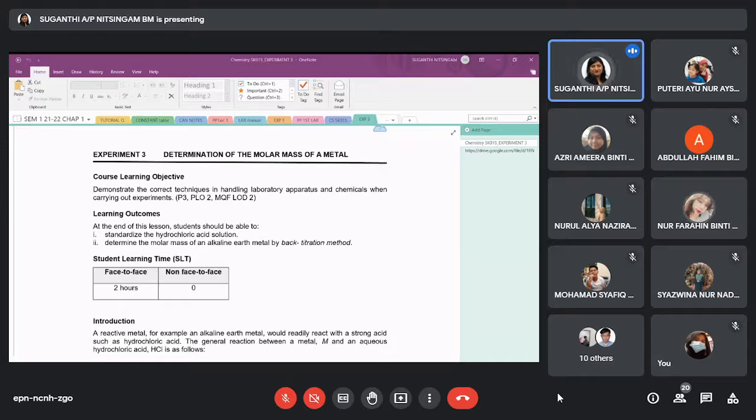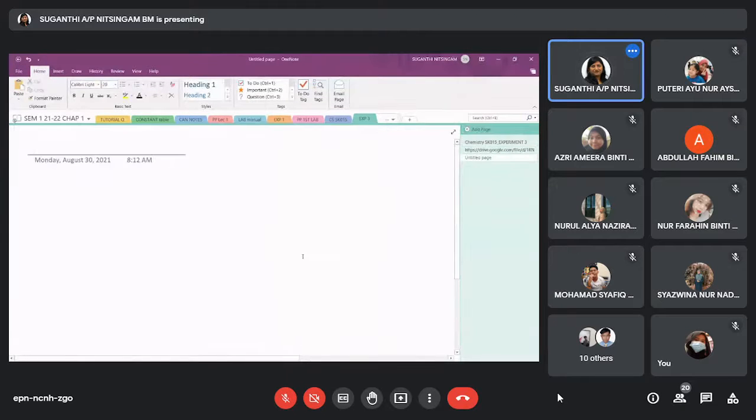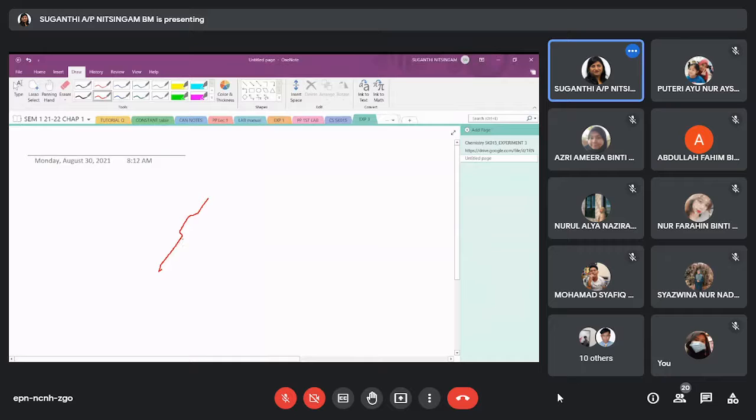Pipette you guna corong. Okay, No. Saya tunjuk kat you kalau pipette you guna corong macam mana gambar dia. Ini adalah pipette kita. You guna corong. Ini pipette kita. Okay, inilah pipette. Pipette ni pipette 250. You guna corong. No. Salah.